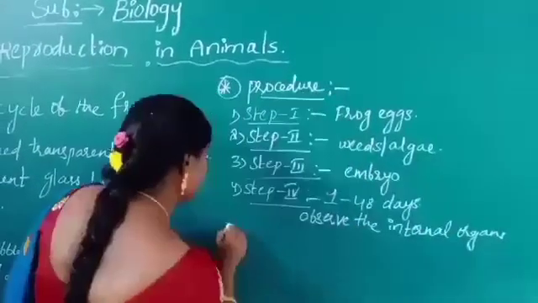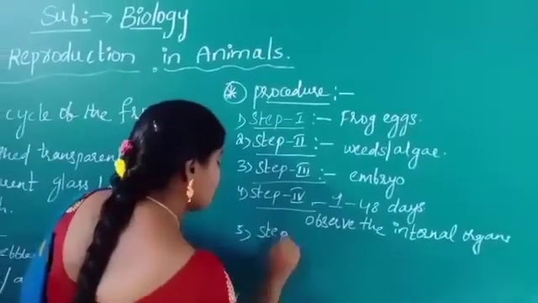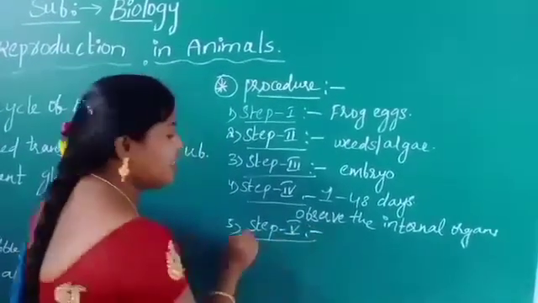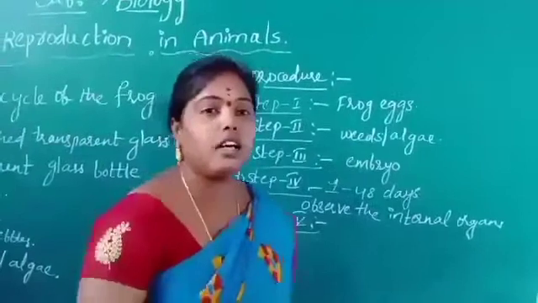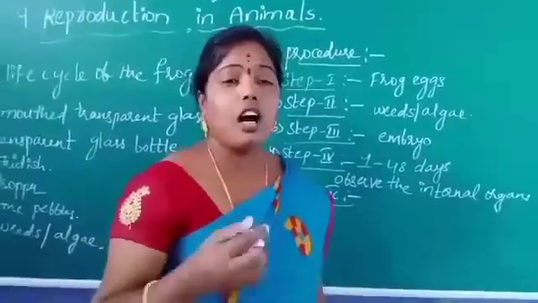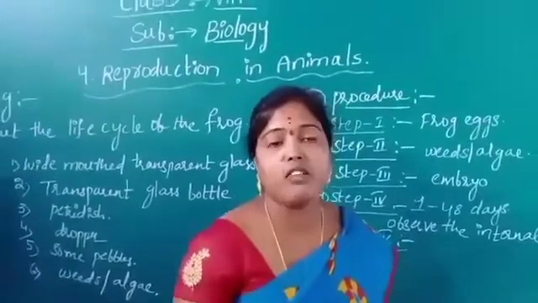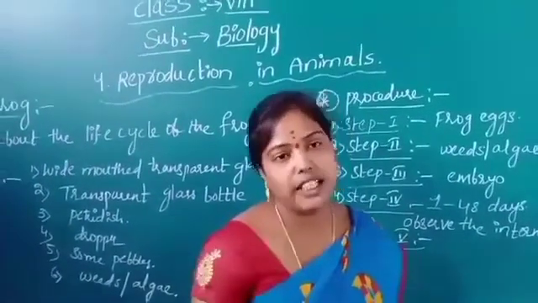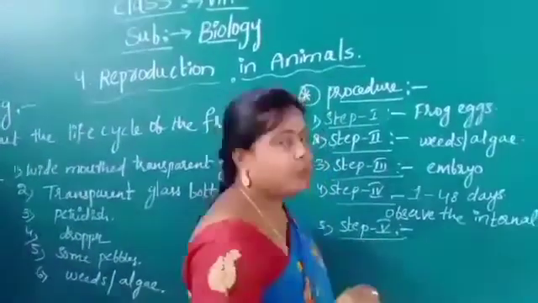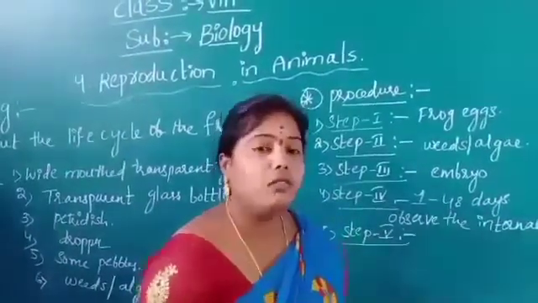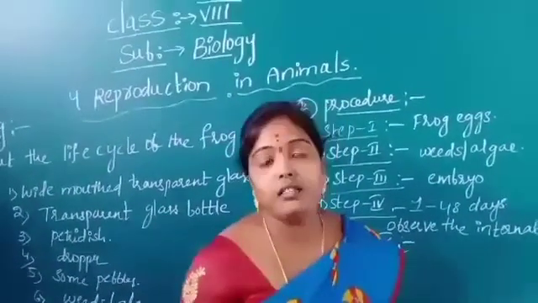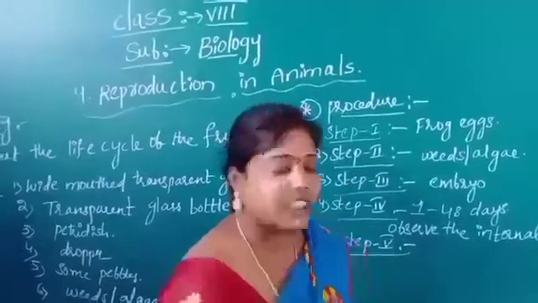Next, step 5. In step 5, you observe when the heart came, and when the intestine and rectum appeared in the frog, and you note down the dates. Also observe when the embryo which is growing is converted into a fish-like structure.